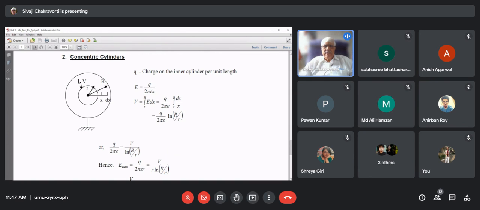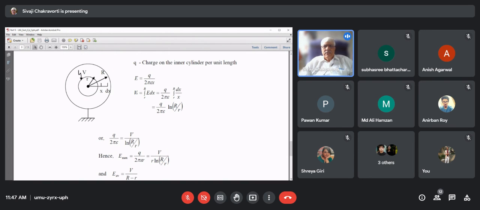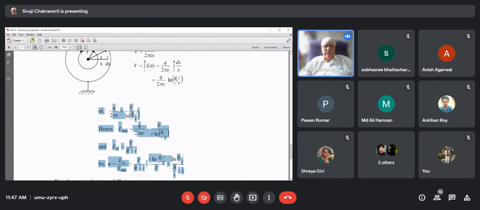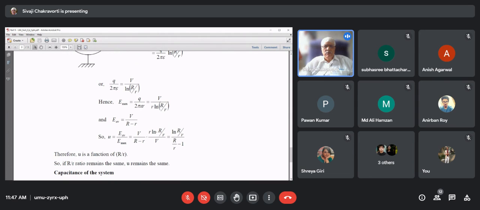That is D, and then epsilon brings it in to make it E. So then we integrate to get the potential difference between the two cylinders, and that's what we get. So again, I get this expression for Q by 2 pi epsilon, from where we can get how much will be the charge.